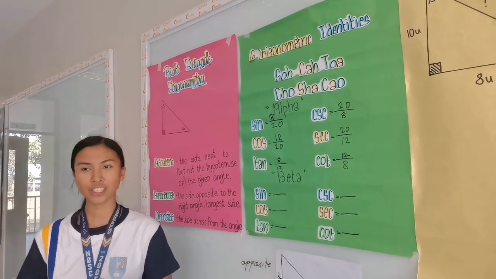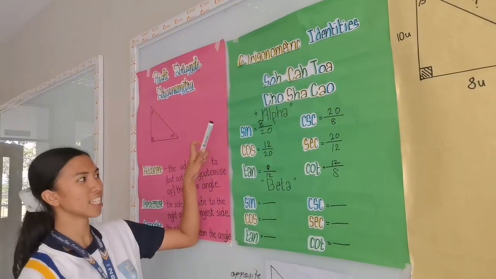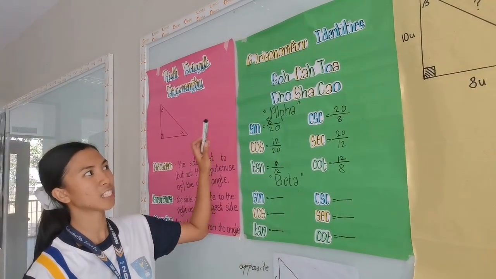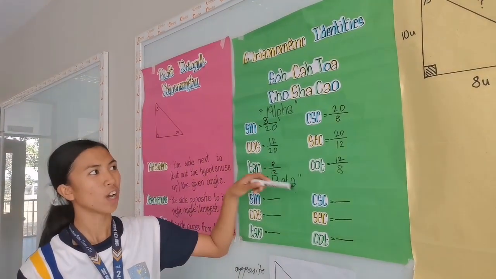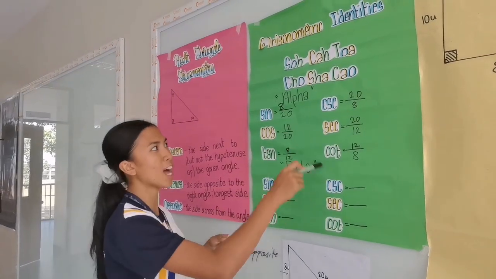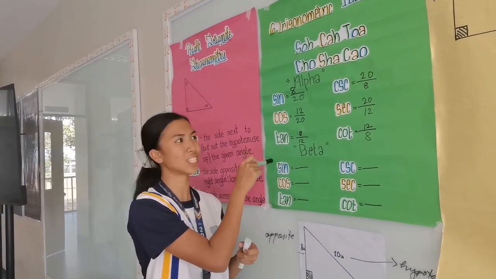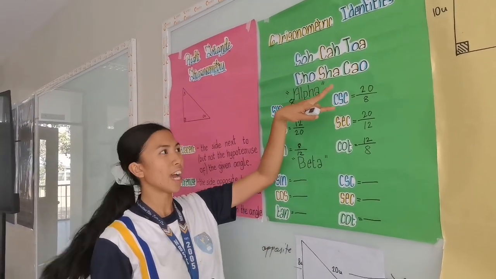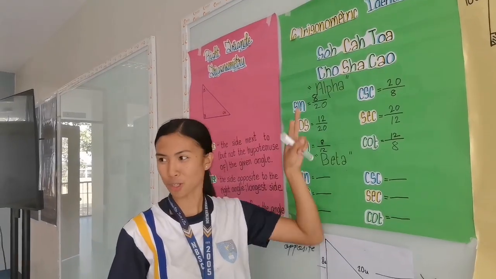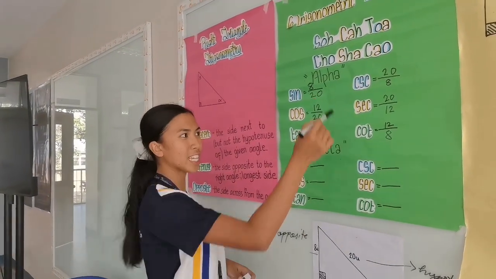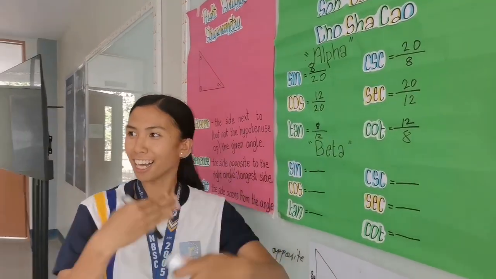So students, as you can see, comparing SOHCAHTOA and COSHACAO, the values of sine, cosine, and tangent have just switched places. Do you see the pattern? Yes. Wow. Good students.